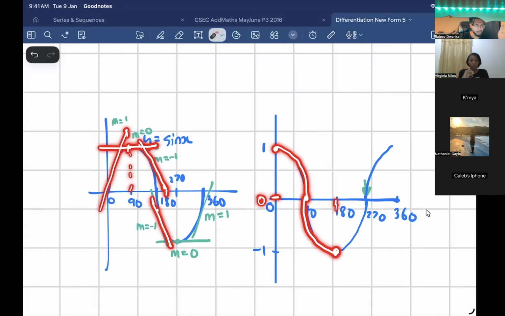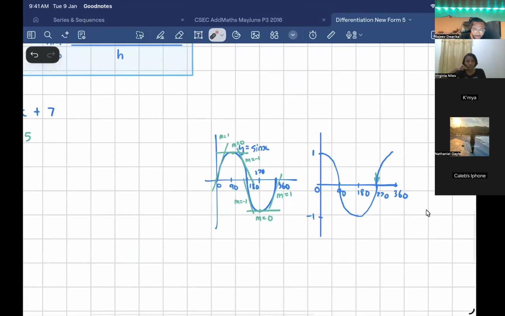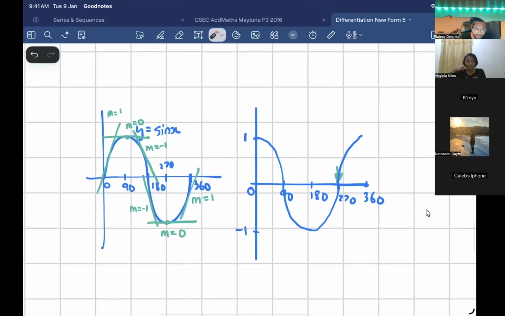Minus 1 as well. And at 270, where's the gradient? 0. So at 270, it has to be 0. And going back to 360, where's the gradient? 1. So we go back to 1. That's the cosine graph, is it not? So that's why the first derivative of sine x is actually cosine x. And you can do the exact same thing for cosine x to find its first derivative.